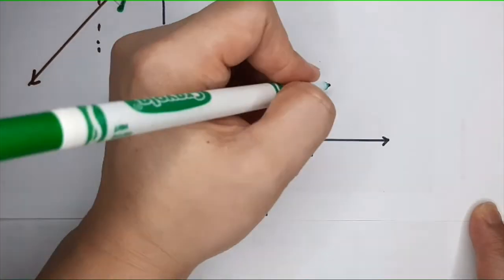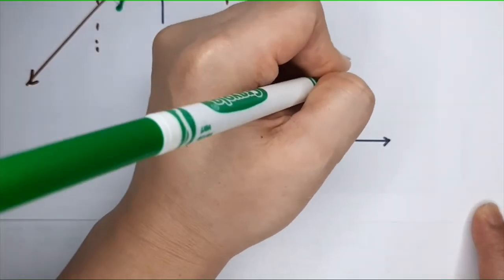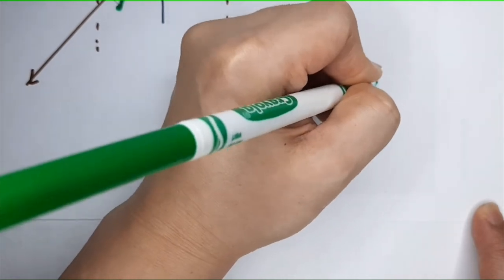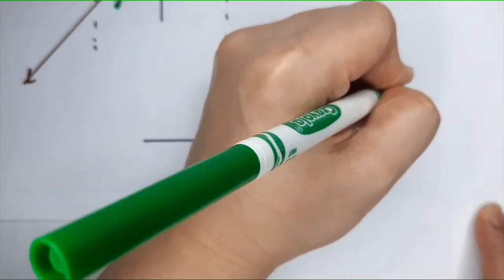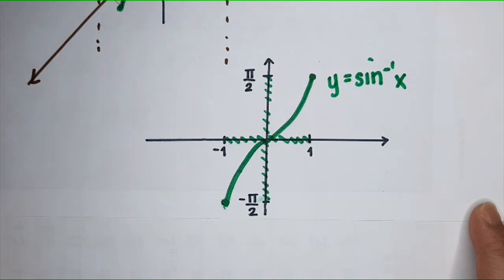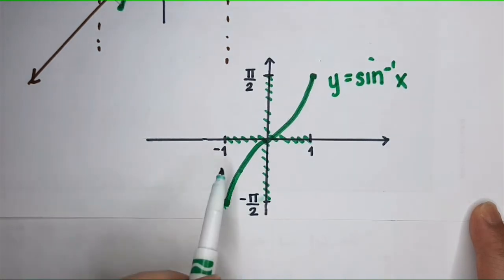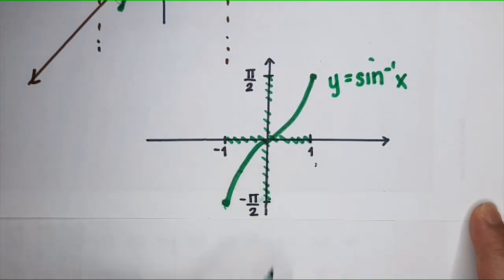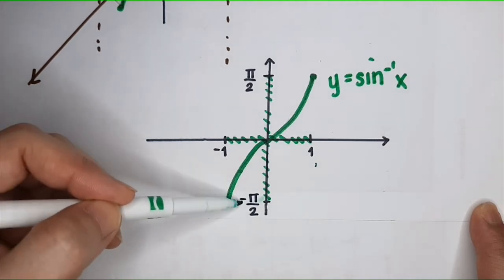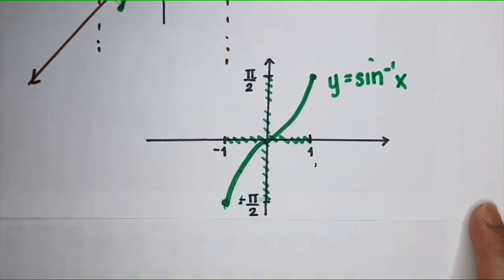Again, this is the graph of y equals sine inverse of x. Okay? What is the domain? Negative 1 to 1. What about the range? Negative pi over 2 to pi over 2. Okay? So, I hope that is clear.